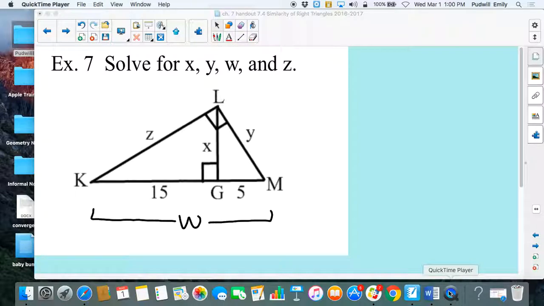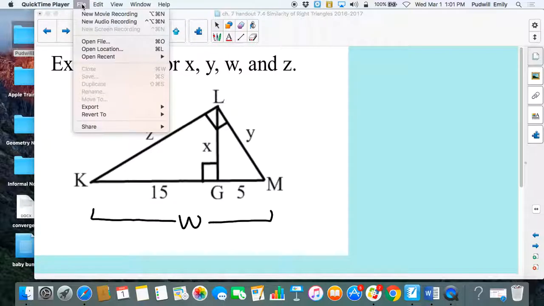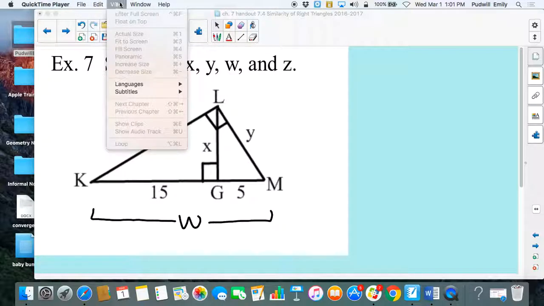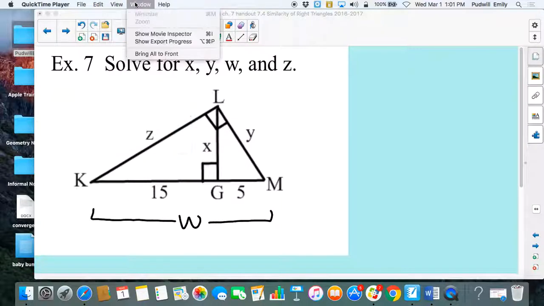Hey, how do you make the little toolbar for the QuickTime thing to pop back up? You know what I'm talking about? Not this thing. Like when you first open it up, there's like a little toolbar. I want the little thing to open up.